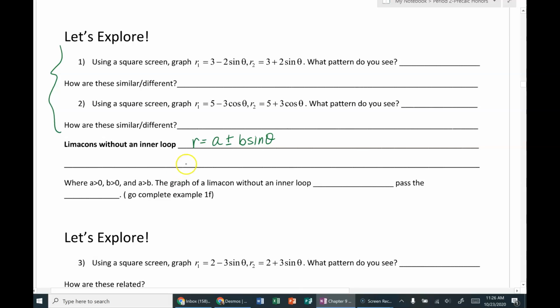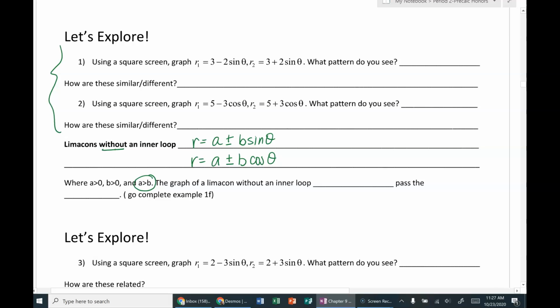And then we can have the other one, r equals a plus b cosine theta or minus. Okay, so those are the equations that we can have, where a and b must be positive, and a, this is important, a must always be bigger than b to be a limacon without an inner loop.